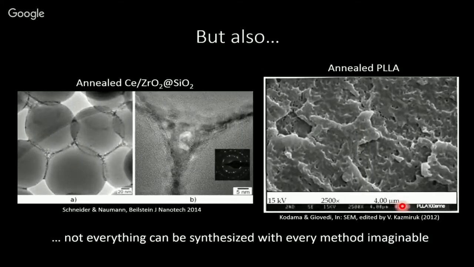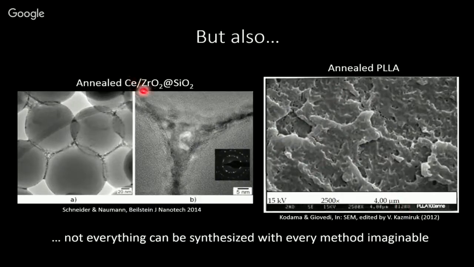Another example is annealing. Annealing means bringing something to high temperature, kind of like heating. So you cannot heat, this is quite the opposite. Can you heat collagen? You cannot. It's just going to denature, break apart. Can you heat polymers? Not really. So it works well for inorganic particles.